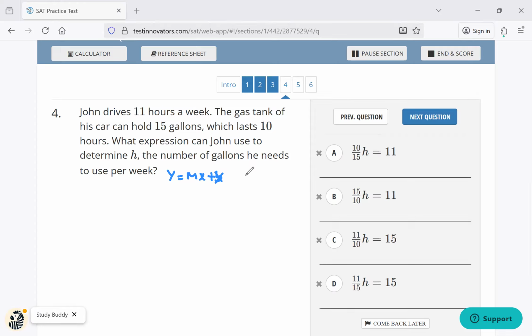So what do you think our x is? Our x is going to be the amount of gas in gallons, and I think the y is going to be the time in hours.